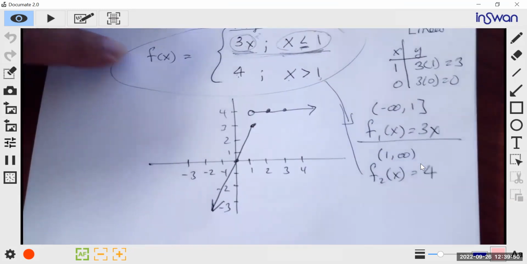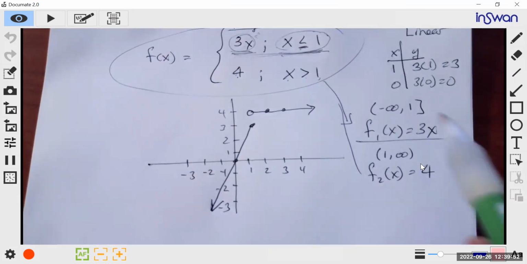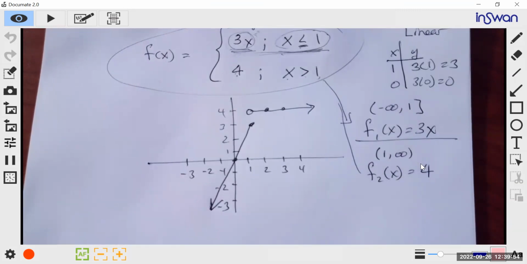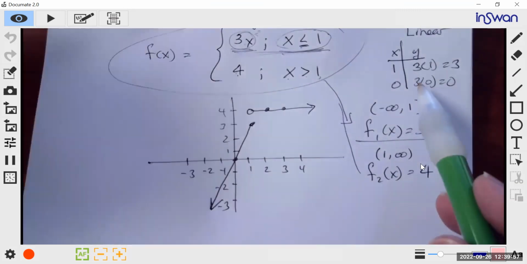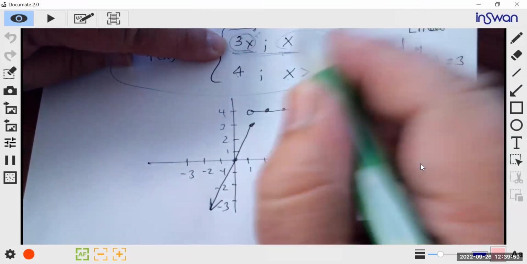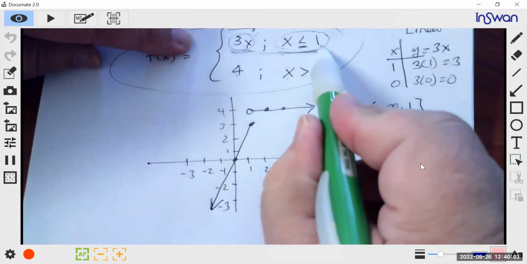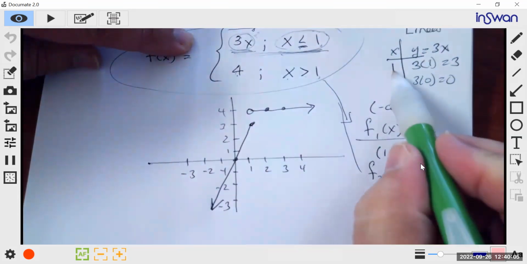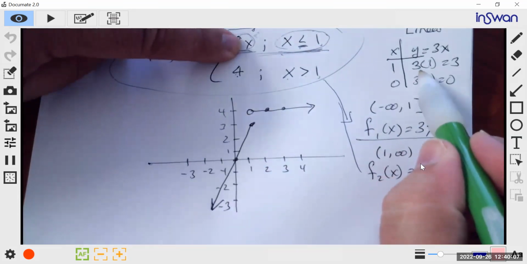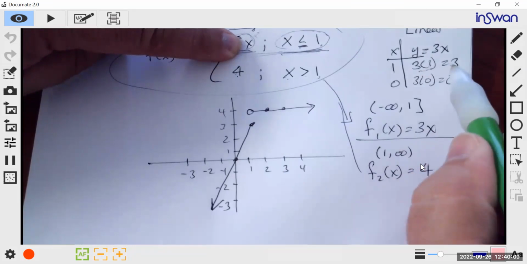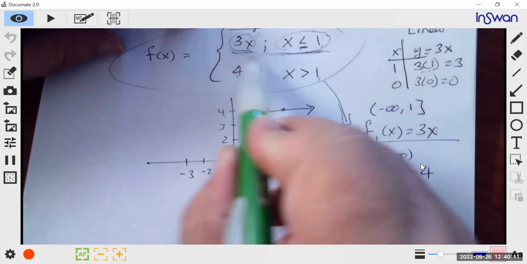And so it tells us what we have. For this one here? Okay, for this first function, y equals 3x. Since I start off at 1, what's the value? When x is 1, 3 times 1 is 3. Because the function itself is 3x.